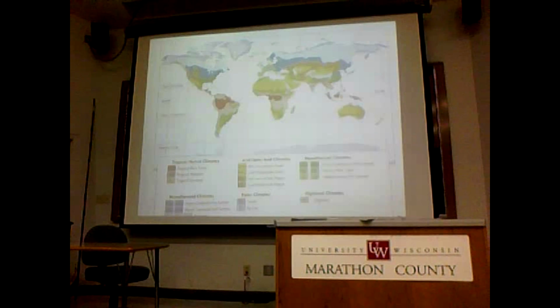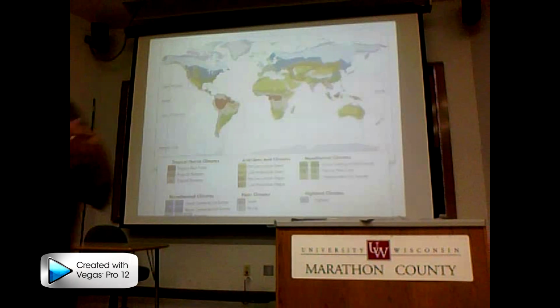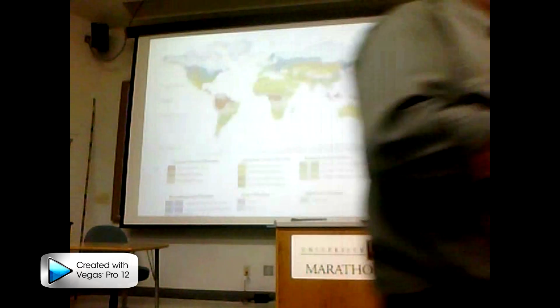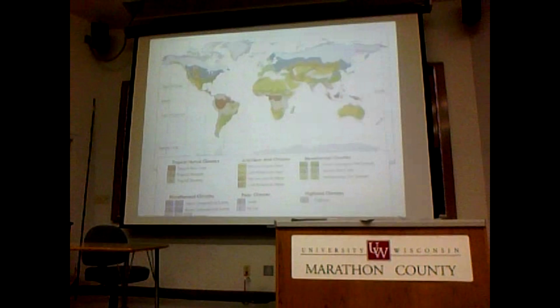Okay, Köppen then went about and used this system and found out that there were problems with it, so he figured he had to improve upon this system. He modified the system somewhat because vegetation changed. As you can see, he subdivided all of these things.